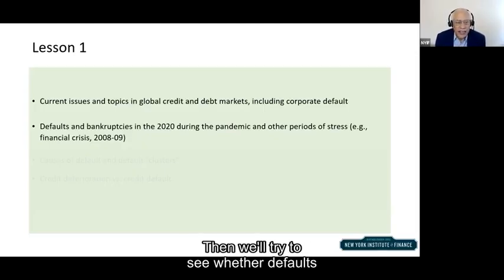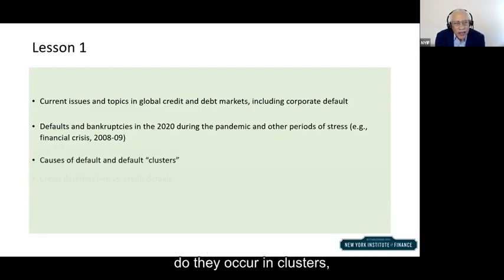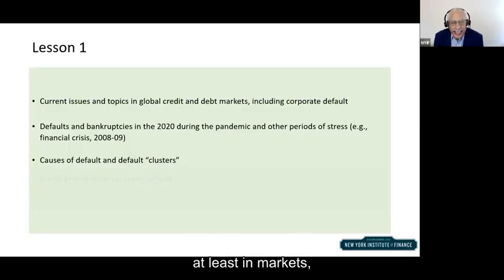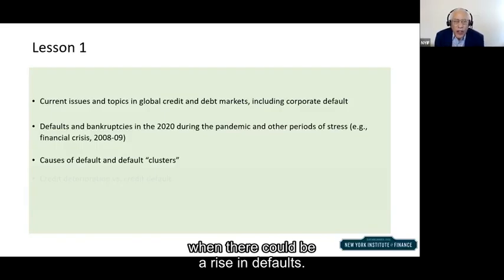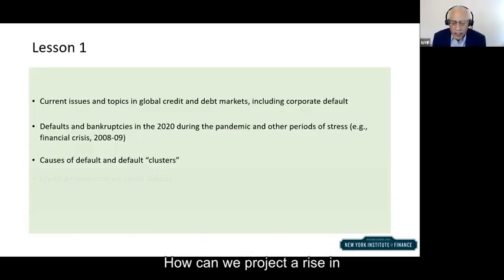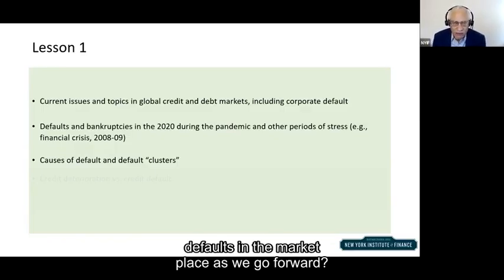And then we'll try to see whether defaults occur in clusters. Is there some form of correlation? And see how we could project or predict, at least in markets, if not name by name, when there could be a rise in defaults. We certainly saw a rise in corporate defaults last year. How can we project a rise in defaults in the marketplace as we go forward?